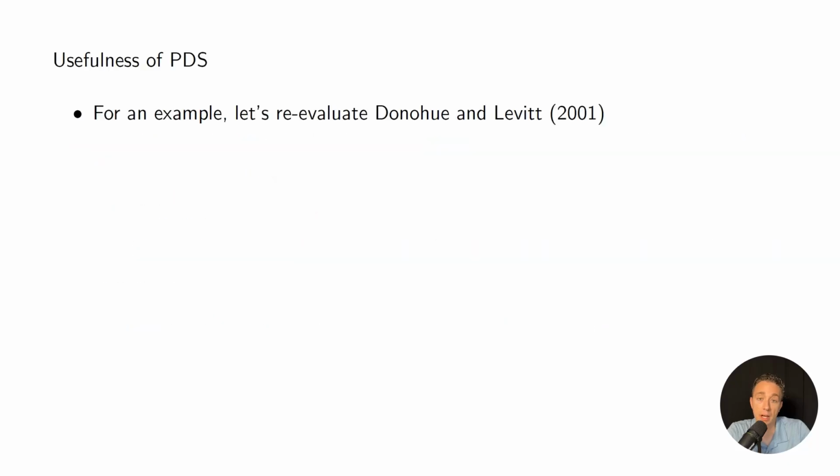So then the authors revisit a very influential paper by Donohue and Levitt in 2001 in the QJE, and also was discussed in the book Freakonomics in the mid-2000s. And the question was whether the Supreme Court's Roe versus Wade ruling ended up reducing crime.